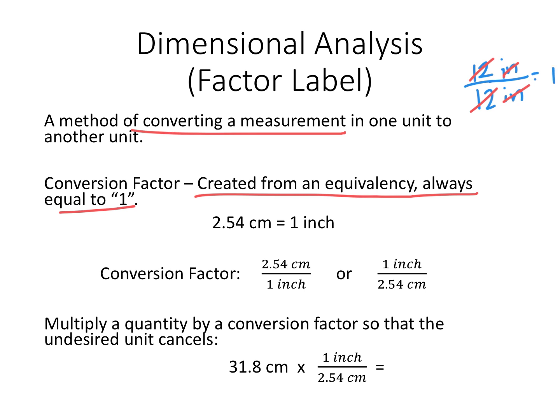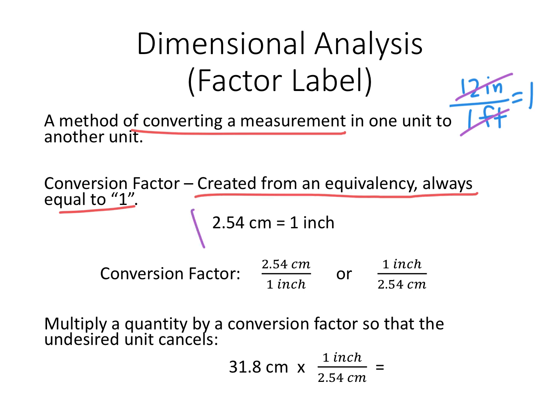So then, what if instead of 12 inches over 12 inches, I turned it into 12 inches over 1 foot? Well, guess what? That is also equal to 1 because 12 inches have the same equivalency as 1 foot, so both of those cancel out.